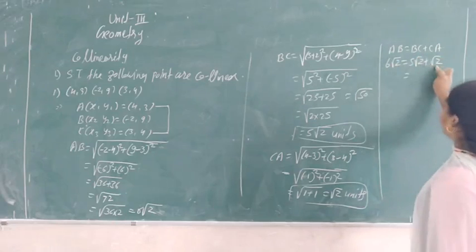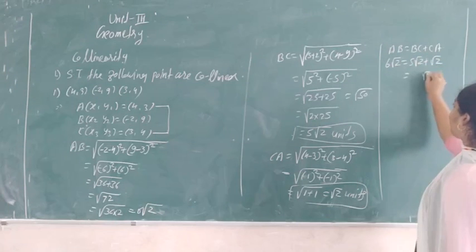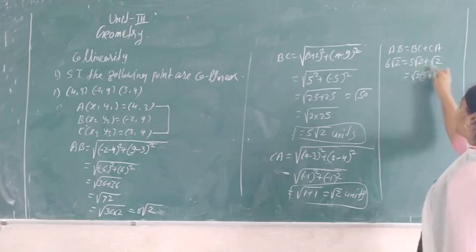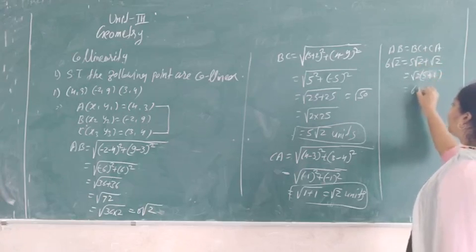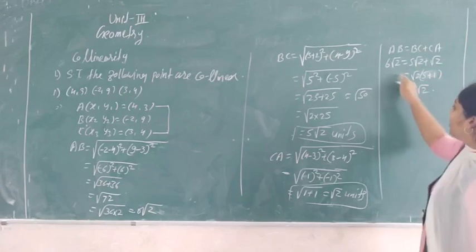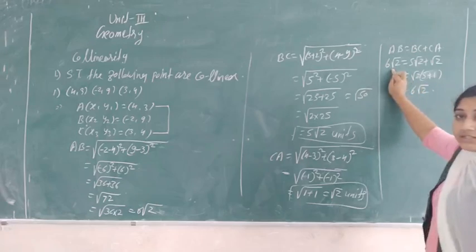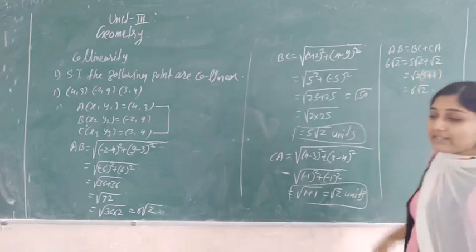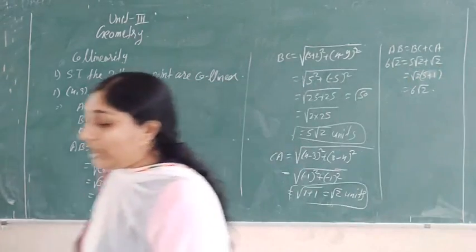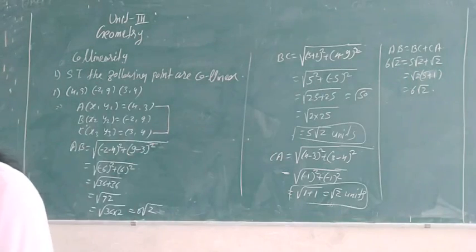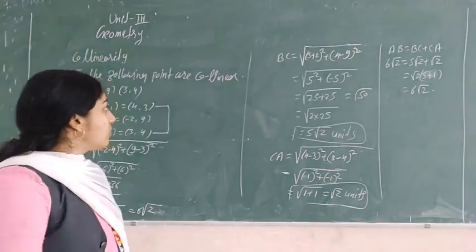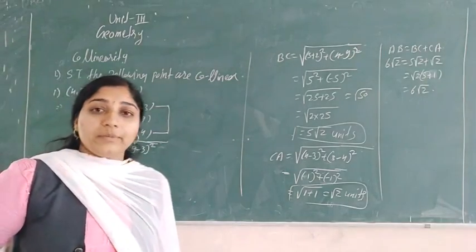Taking root 2 common, we remain with 5 plus 1, which is 6, so 6 root 2. We can see one distance is the sum of the other two distances. If this is true, then we can say they are collinear points. So the given set of points are collinear to each other. They can ask this question for 5 marks. Okay, we can solve the remaining examples in the next.